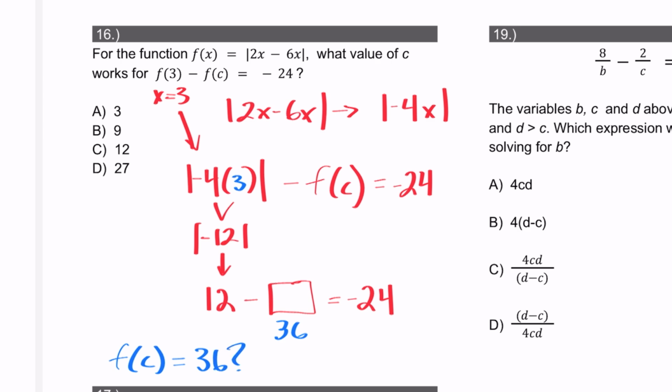That's the question. So we say negative 4 times whatever we're looking for would be 36. And I look at my answer choices and I know 4 times 9 is 36. Obviously, the negative is irrelevant with the absolute value, so B is the correct answer.